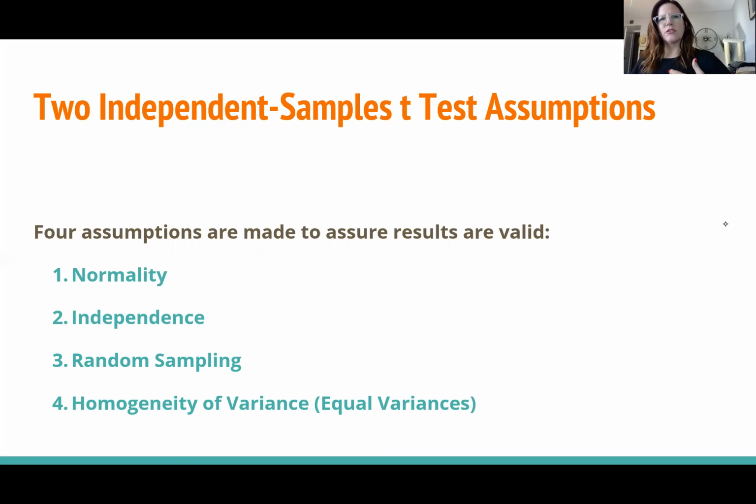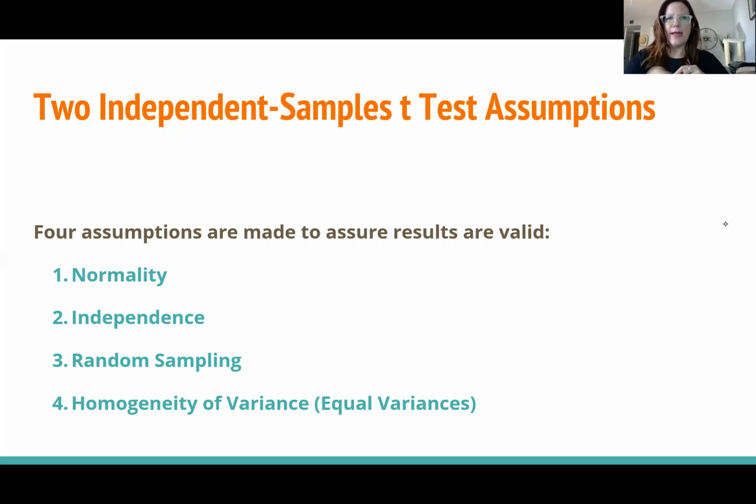So one of the assumptions is normality. And with normality, there are two different ways that we can assure normality. So you're going to be asked in the future, how do we assure normality in our research results, that we met normality in our data?